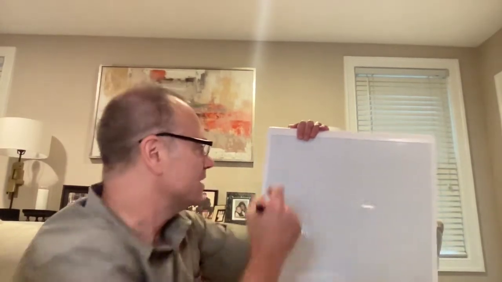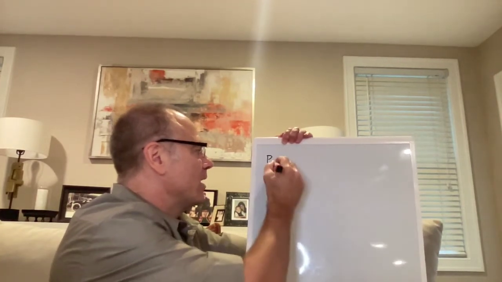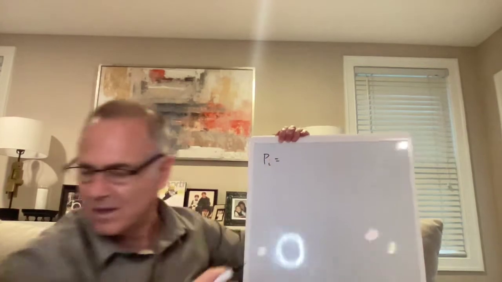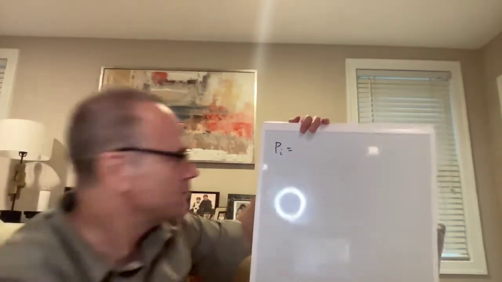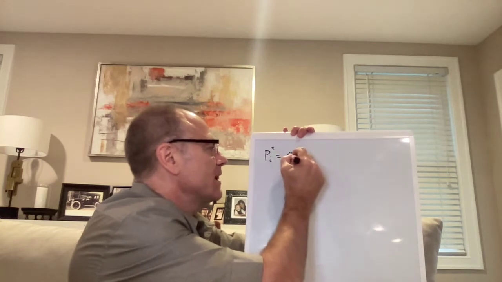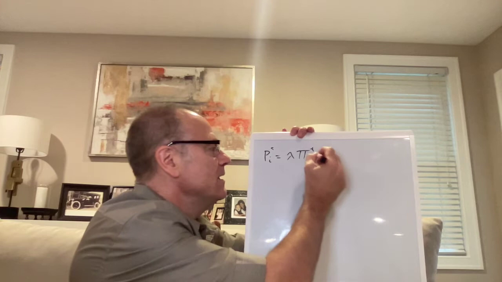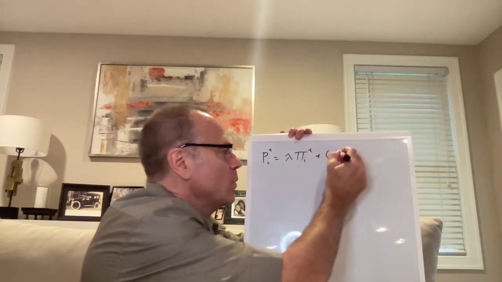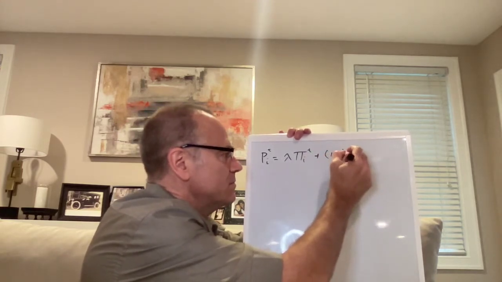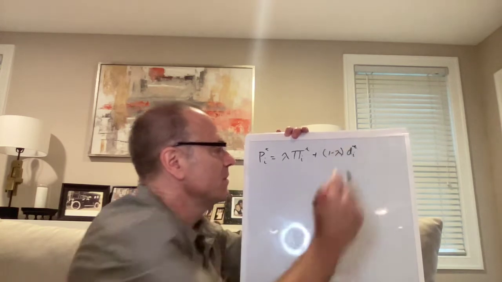So what I suggested, they said, instead, let's have a different model. P_i^t equals lambda times pi_i^t plus 1 minus lambda times d_i^t.